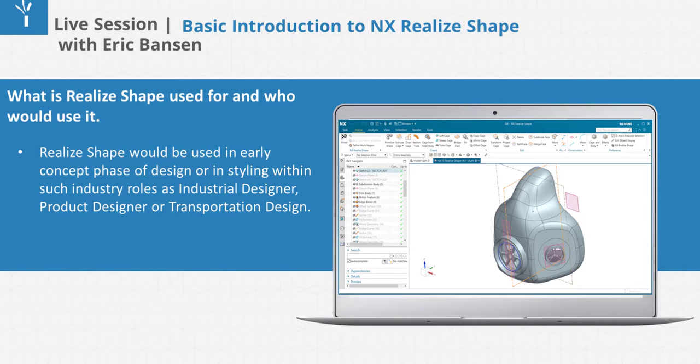As an industrial designer way back in the day, I would have loved to have a tool like this to flesh out a concept or a sketch on paper and bring it to full 3D life. With a certain process that you could use within Realized Shape, you could come up with a very, very close product or styling design model that would get you to a prototype design very quickly.